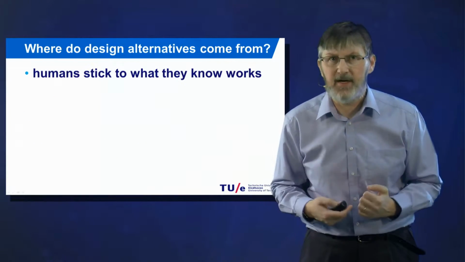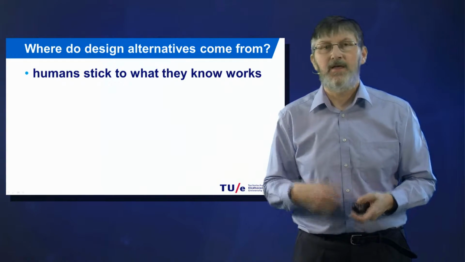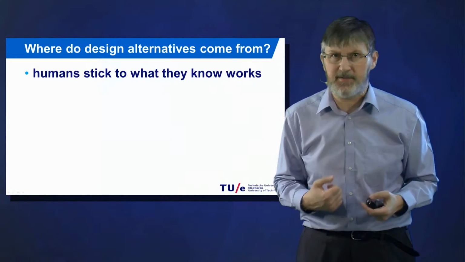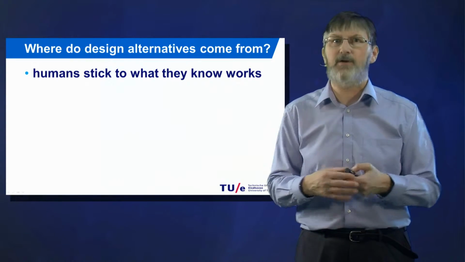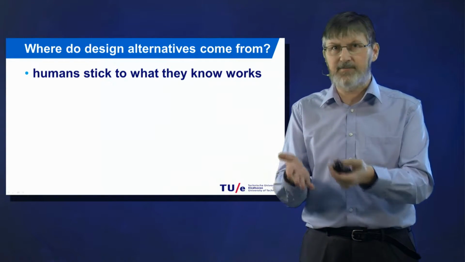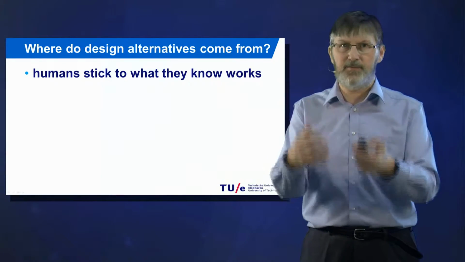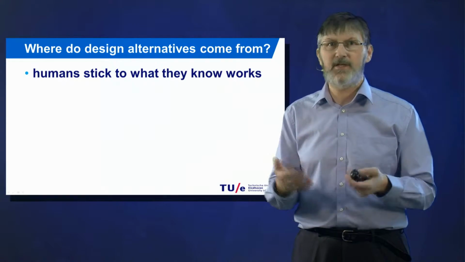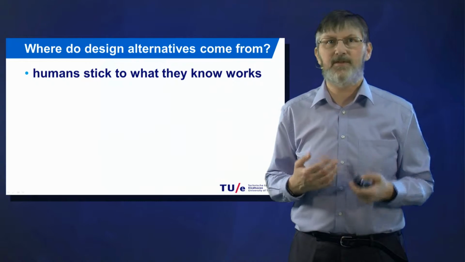We have to find out where to draw our alternatives from. Here, working with the users is sometimes a problem in participatory design because humans tend to stick to what they know works. So if they already have a software product and an interface with which they can perform a task, it's hard for users to think of a different way to achieve the same goals.